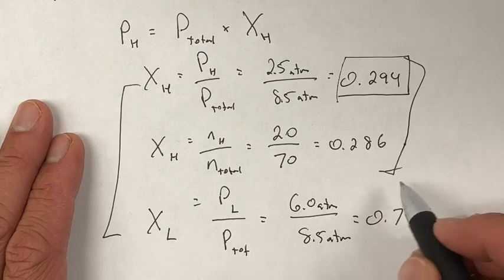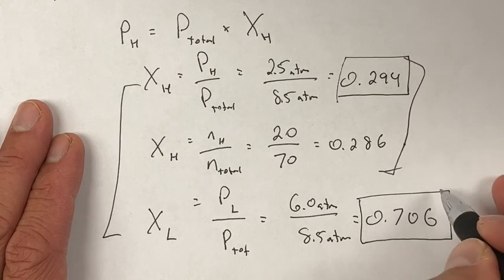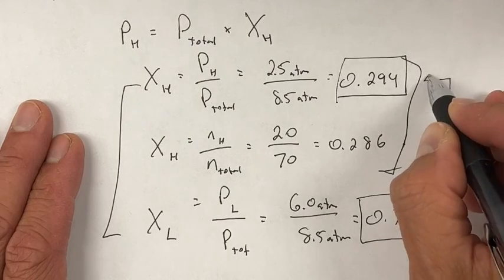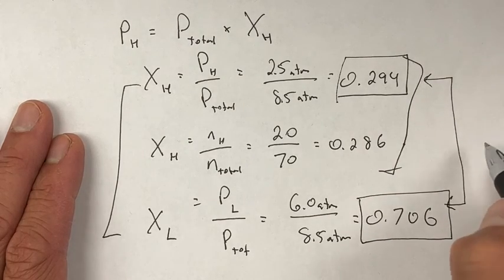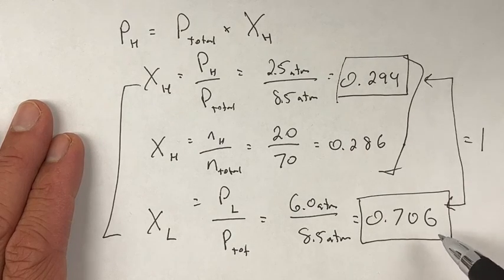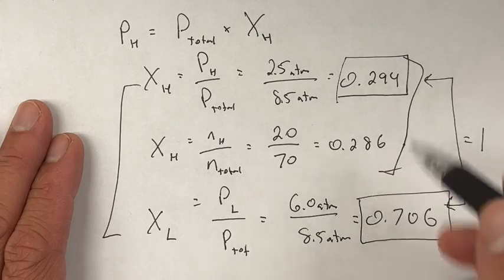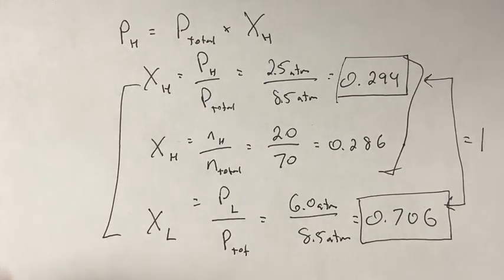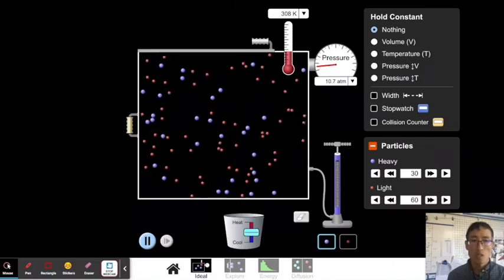If I take this number and this number and add them up, they equal 1. All my mole fractions should equal 1 because it's all part of that substance.